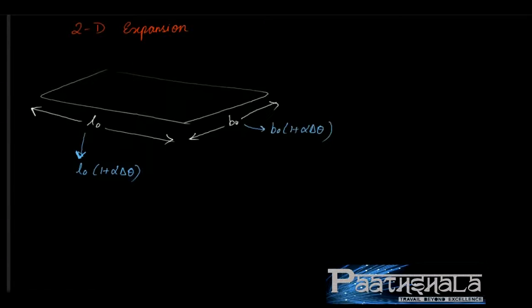And usually speaking, alpha is very small, and so is delta theta. We don't look at temperature changes from 0 to 100 degrees Celsius. Usually delta theta is small, but even if it is not small, alpha usually is very small.